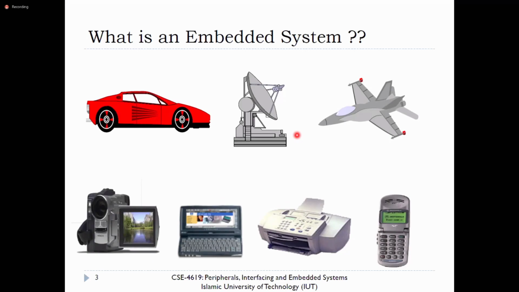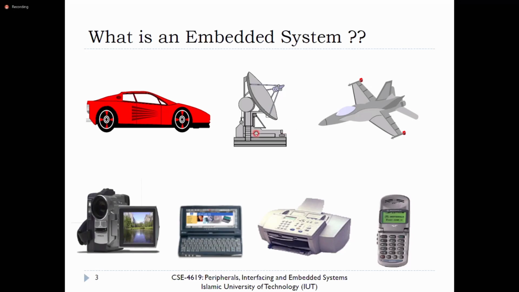Even one aeroplane can be treated as an embedded system. Broadly, these embedded systems can be categorized into two categories. One is large scale embedded systems, another is small scale embedded systems.